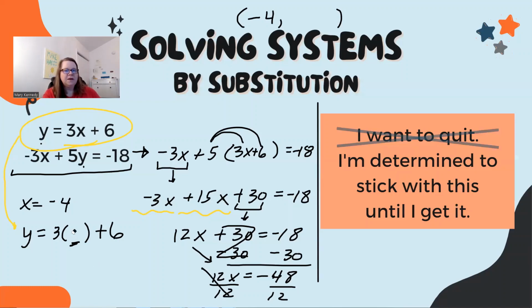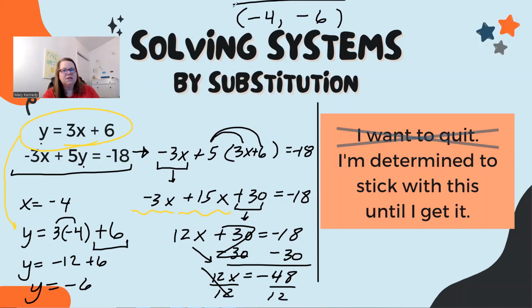And so when I look at what we just solved, we found that x is negative 4. So I put a negative 4 in that blank, in that parentheses. Now, 3 times negative 4 is negative 12. Bring down this plus 6. Negative 12 plus 6 is negative 6. So my solution to this system is negative 4, negative 6.